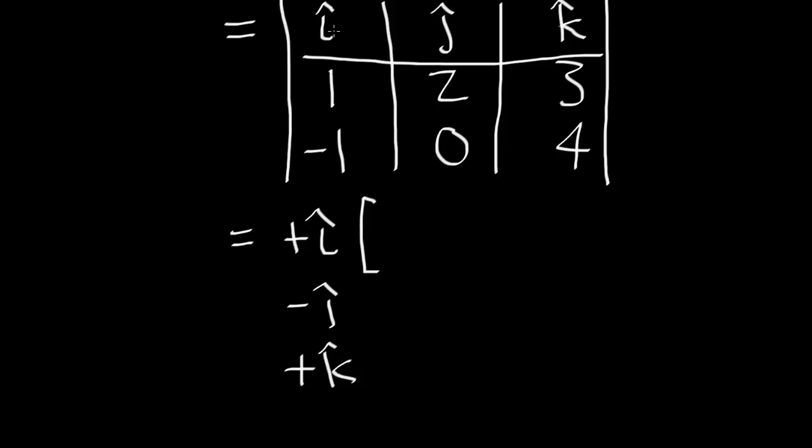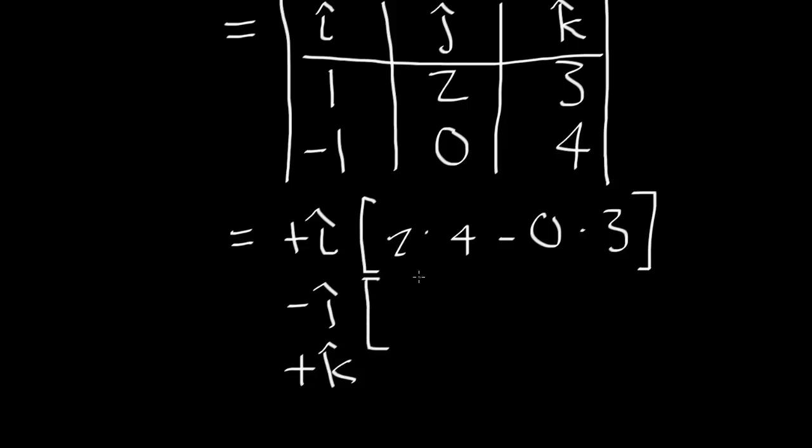We can block them out with our hands or whatever we want to do, and we take the determinant of whatever is left. Well, how do you take the determinant of a 2 by 2? It's actually pretty simple. You say this component times this minus this times this. So in this case, it's 2 times 4 minus 0 times 3. Okay? And again, it's all about just memorizing how this whole thing is done.